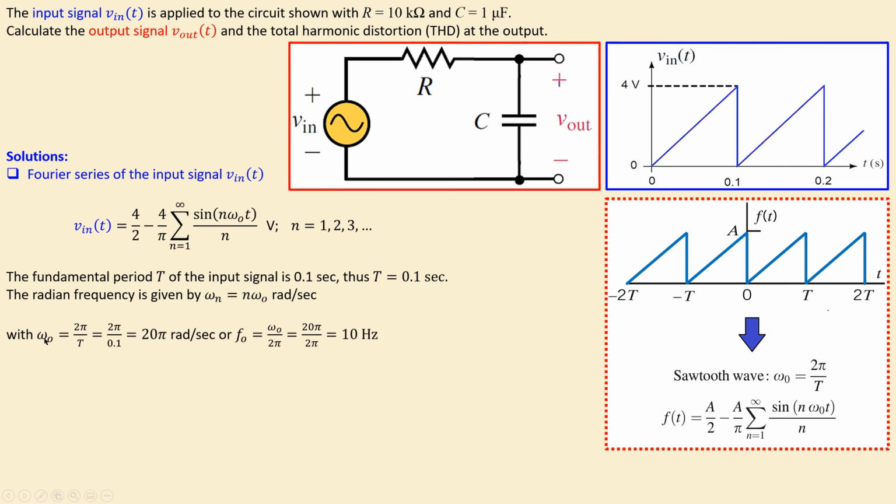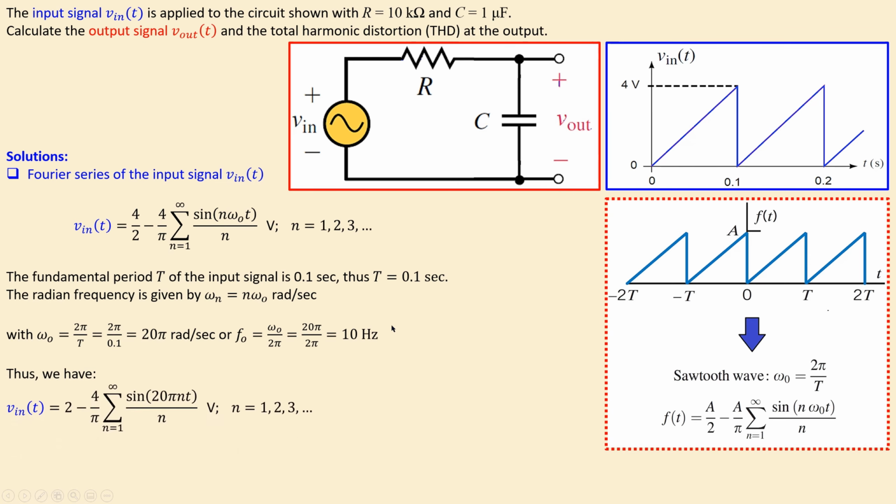Now we know the omega 0, which is the fundamental frequency, is 2 pi over that period, which is 20 pi radians per second. Or if you want the fundamental frequency in hertz, you can do 1 over that period, or omega 0 over 2 pi, and you will have 10 hertz. So the fundamental frequency of this input waveform will be 10 hertz.